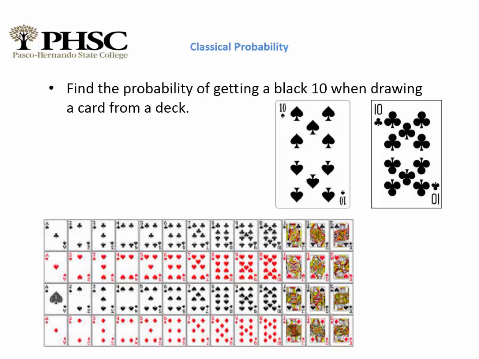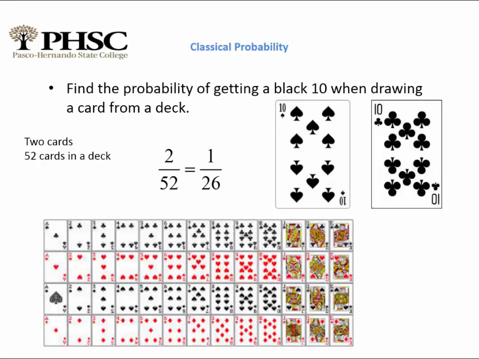Here are all of the cards in the deck, and there are 4 suits: clubs, hearts, spades, and diamonds. How many of all these cards are actually a black 10? There are 2. And so 2 cards out of 52 cards in the deck. So the probability would be 2 over 52 or 1 over 26, because we reduce it.